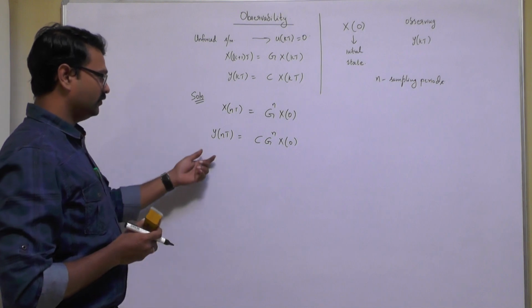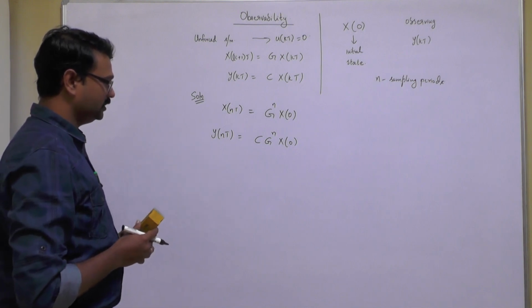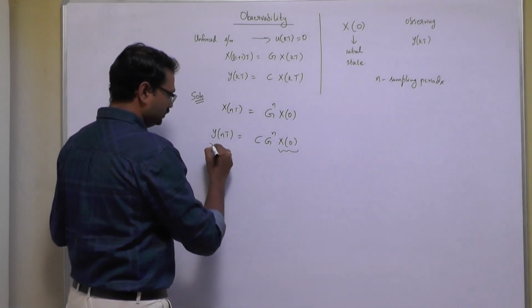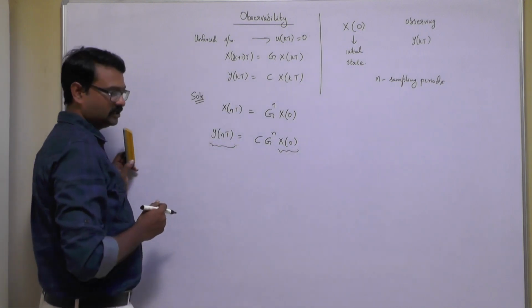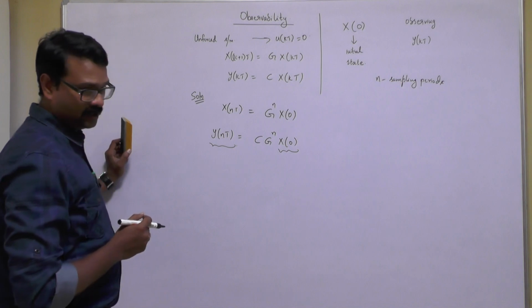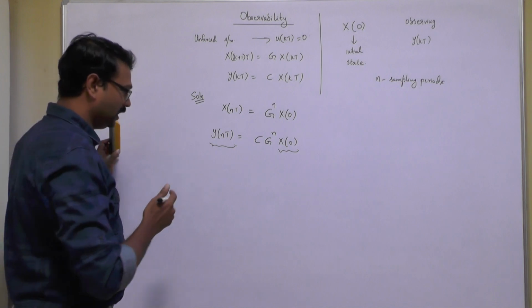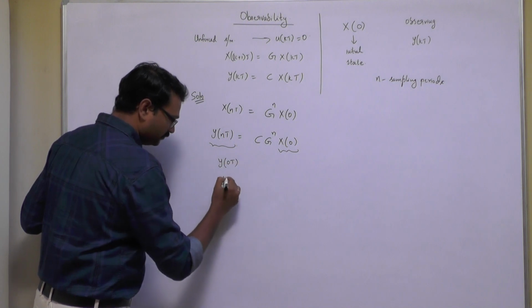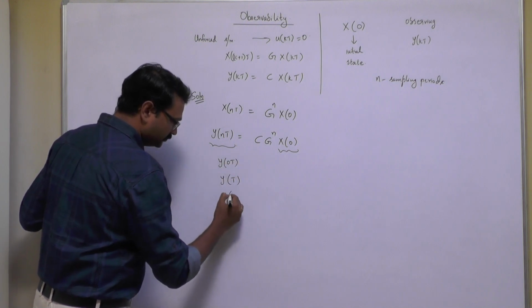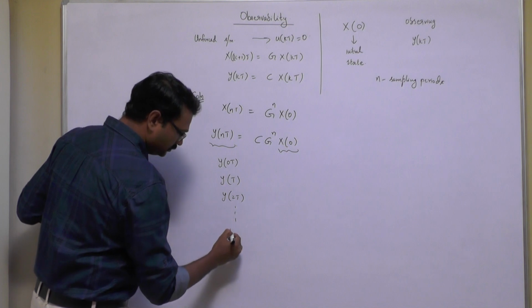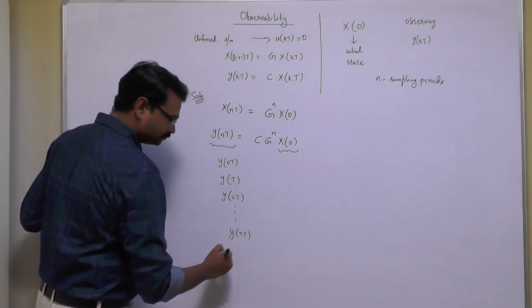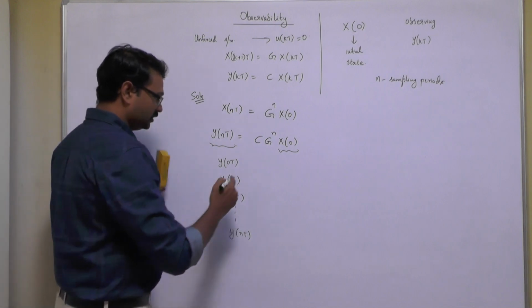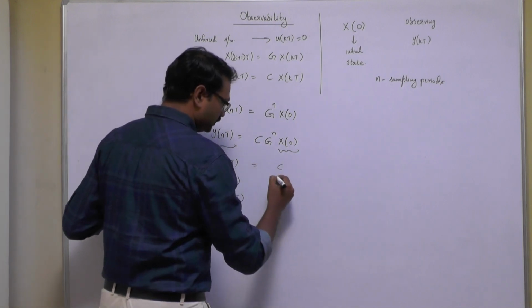Now let us find out what are the various terms. x of 0 is a state vector, y of nT is the output of the system, and this exists from y of 0T, y of 1T, y of 2T, so on, y of nT. Now this is our equation, right? And for this equation, what is it that we are getting?